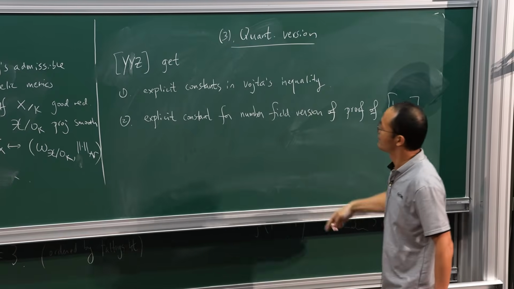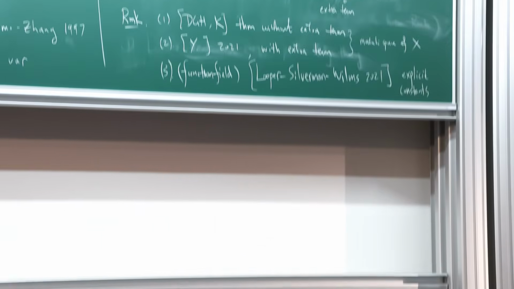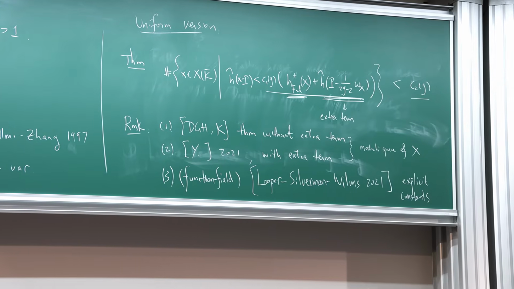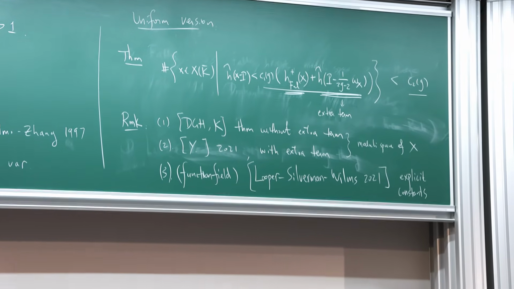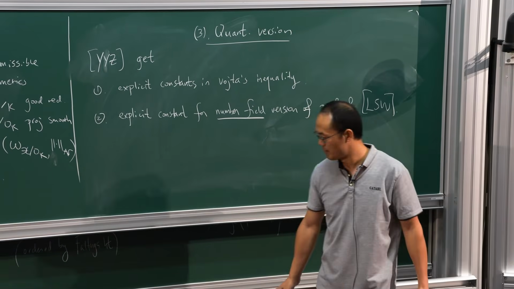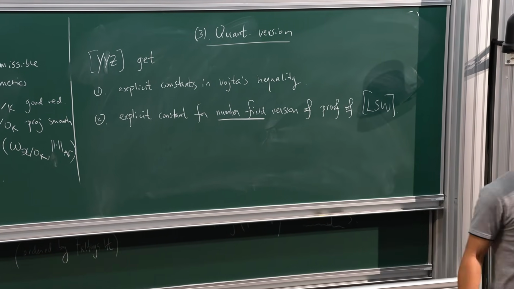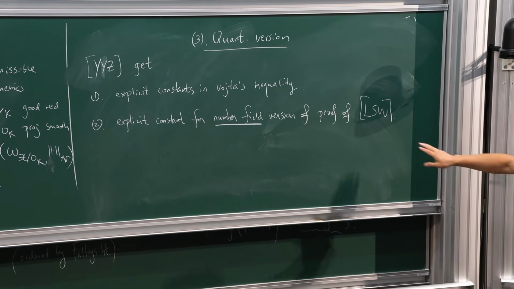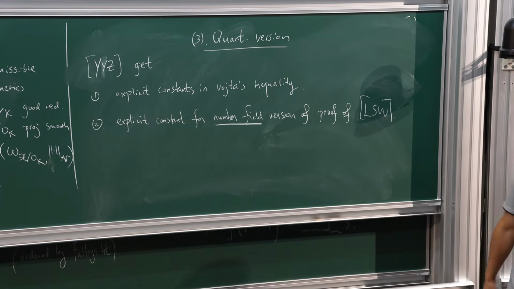They did it for function fields. They didn't do it for number fields. For number fields, the major obstruction was really some Archimedean bounds. There are actually a few of them. So all these difficulties after LSW are Archimedean, just complex analysis.